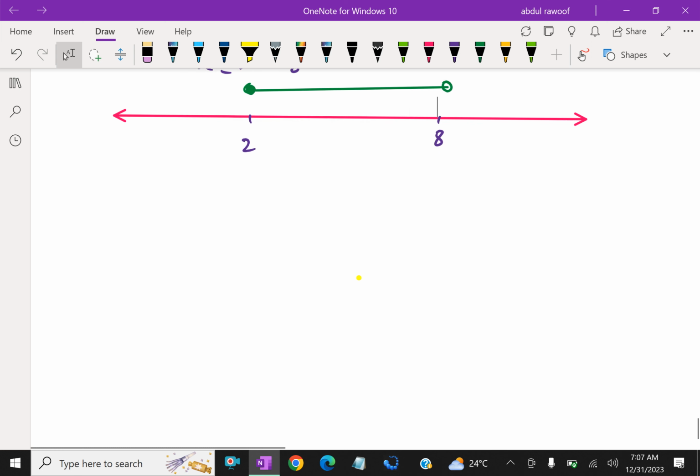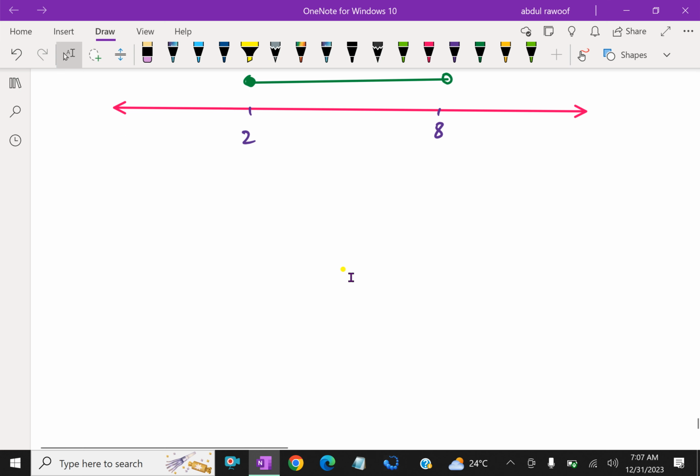One more. x is less than 0 or x is greater than or equal to 4. How do we represent this in a graph? Look at here.